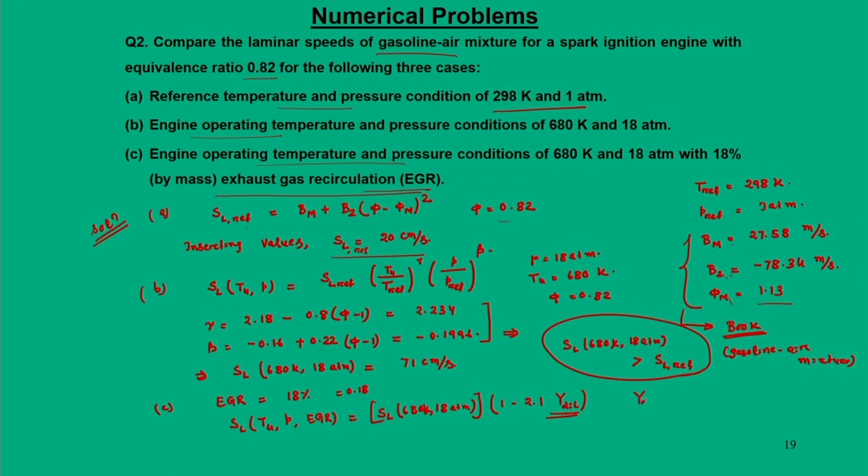So, when you calculate this number, SL at Tu, P, EGR, that value is 44.2 centimeter per second.